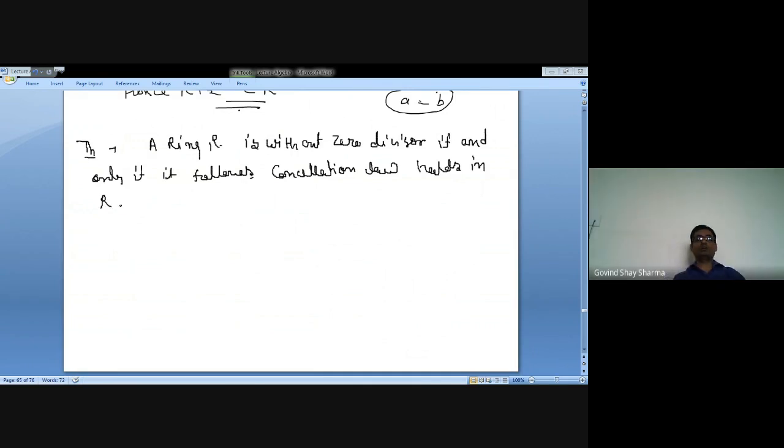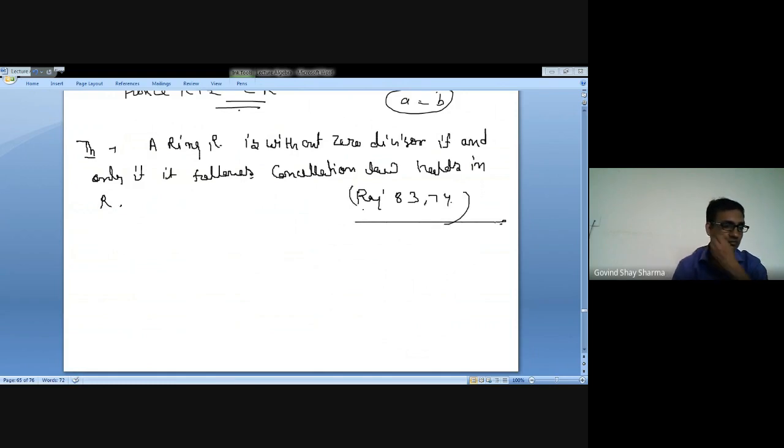A ring R is without zero divisor if and only if it follows cancellation law, holding in R. Okay, this is a very important theorem. Many times it was asked in Rajasthan University 83, 74.